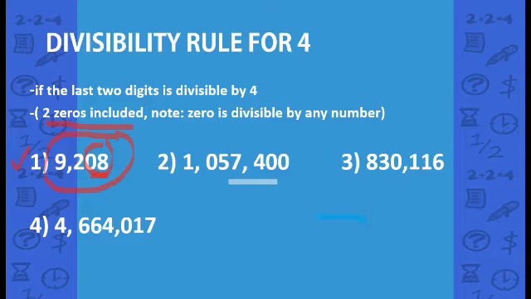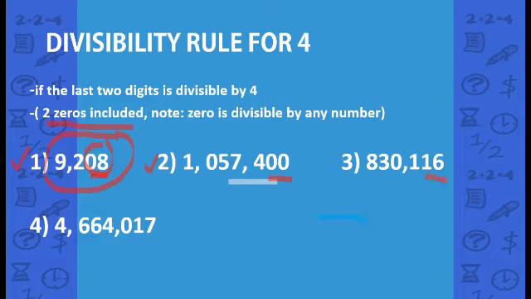Number 2, 1,057,400. So, the last two digits are 0, meaning 1,057,400 is divisible by 4. Third, 830,116.